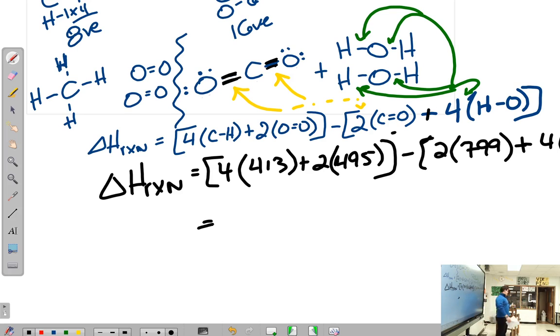Plug in your calculator, you're done. I love these calculators because I can just type it all in one go. Bracket 4 times 413 plus 2 times 495, close bracket, minus bracket 2 times 799, plus 4 times 463.